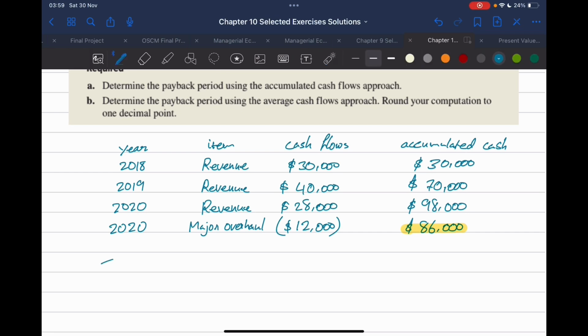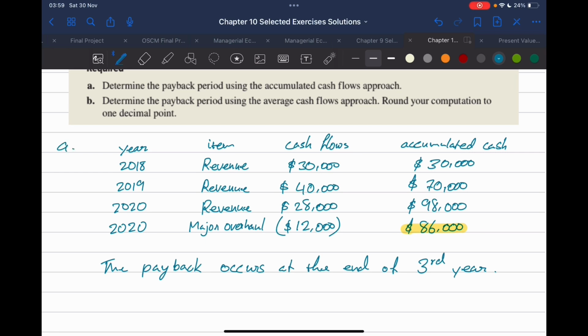So we can say something like the payback occurs at the end of the third year. Okay, and that's what's required in the first part, Part A.